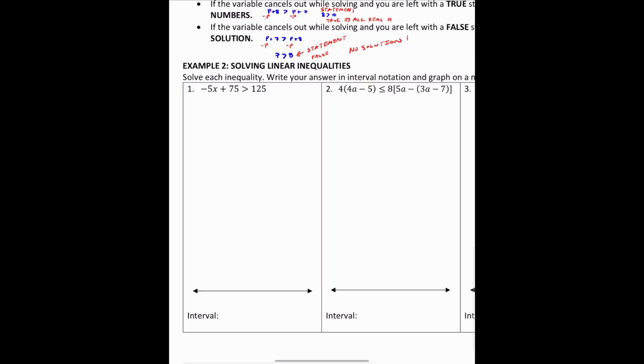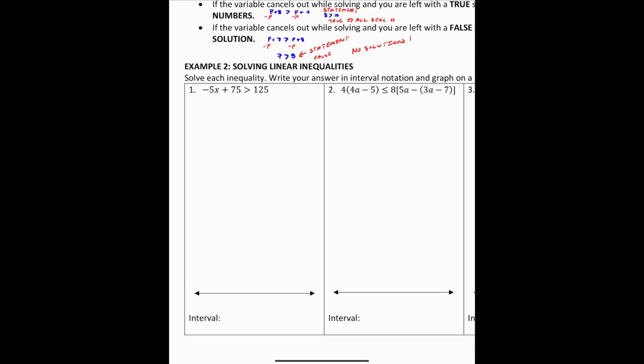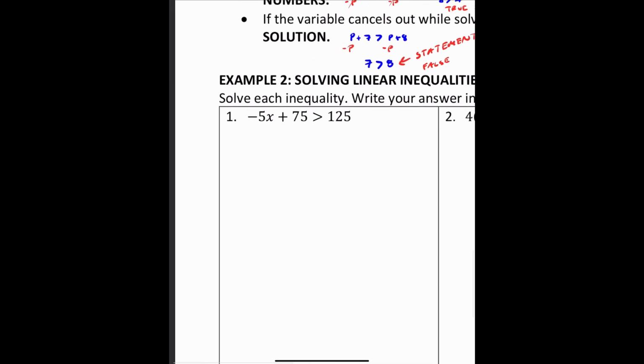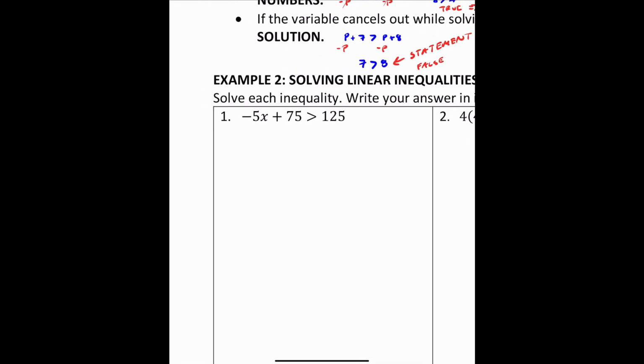Alright, so let's go ahead and solve linear inequalities. Now when we're solving inequalities, it's like solving equations, but this time we have inequalities involved, and we need to make sure that we keep these rules in mind. So, number 1, negative 5x plus 75 is greater than 125.